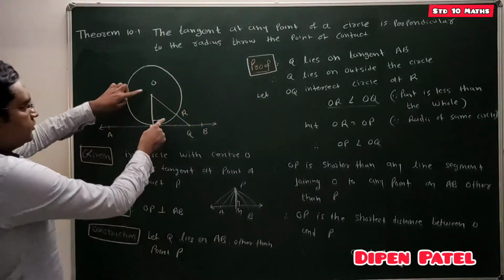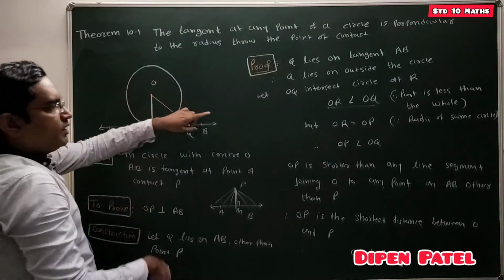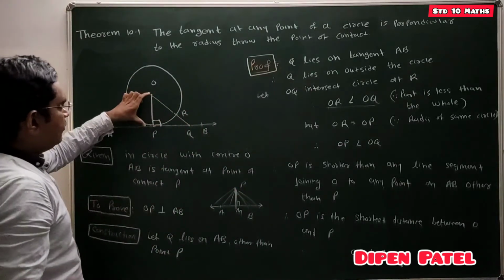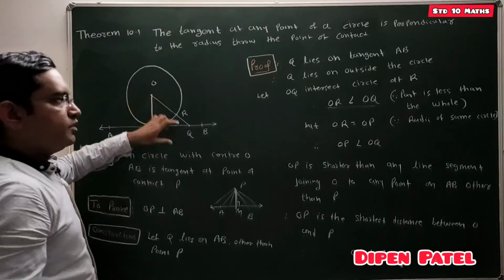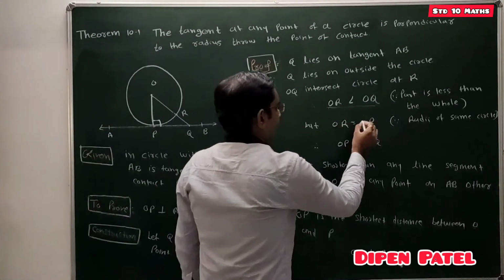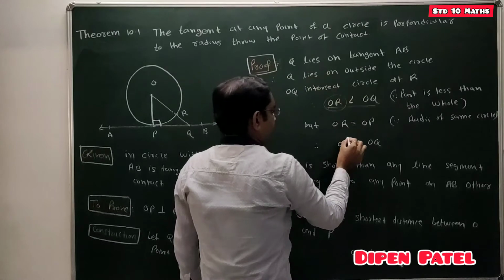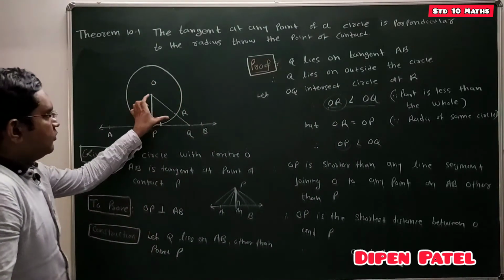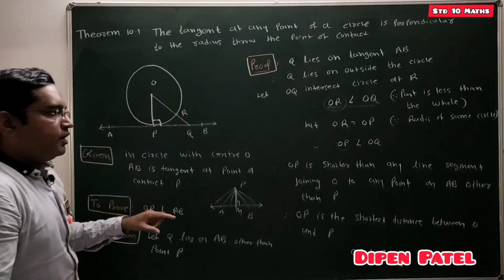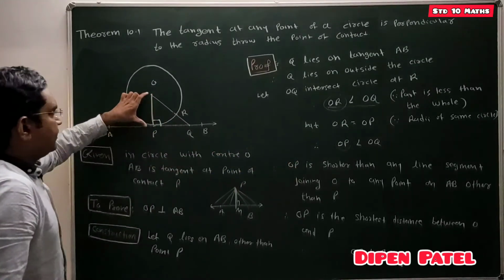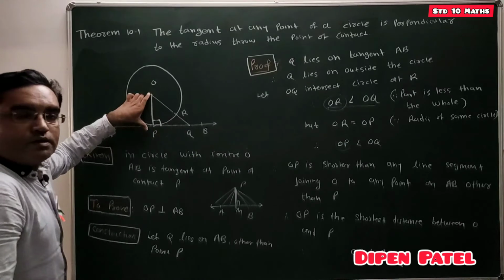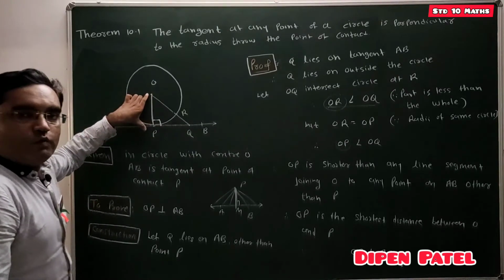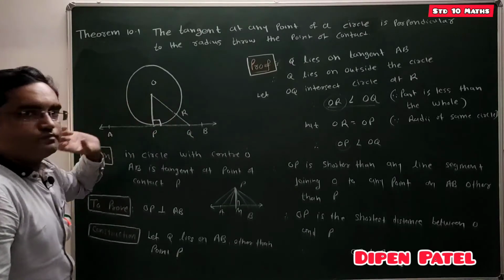And here this OR and OP both are radii of the same circle. So radii of same circle are equal. So here we can replace this OR with OP. So now we can say that OP, the distance of the point of contact from the center, is always less than OQ.